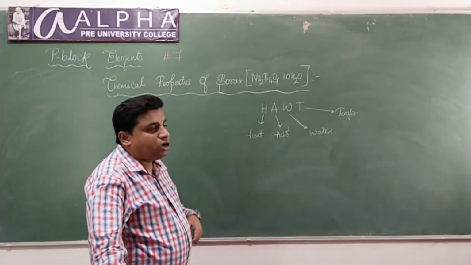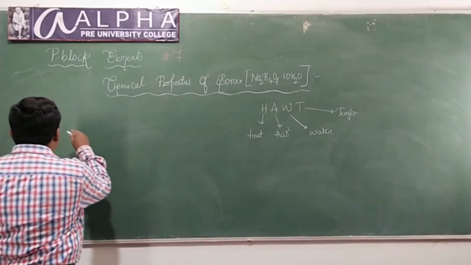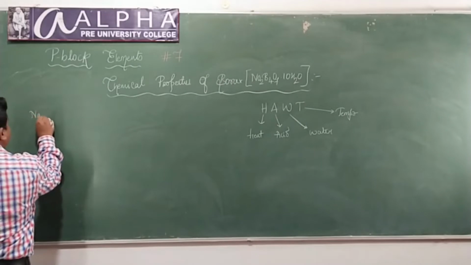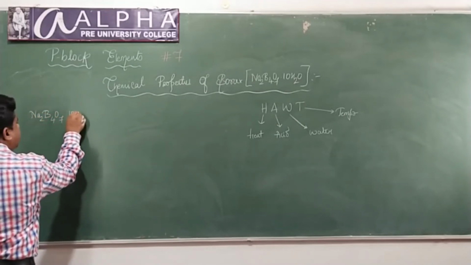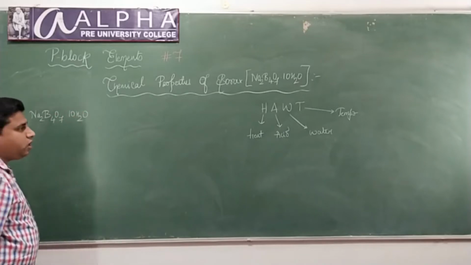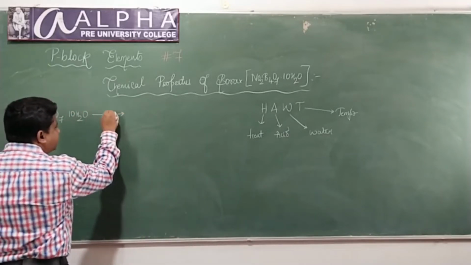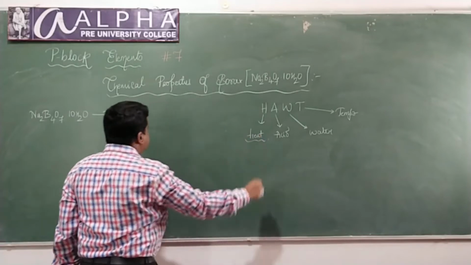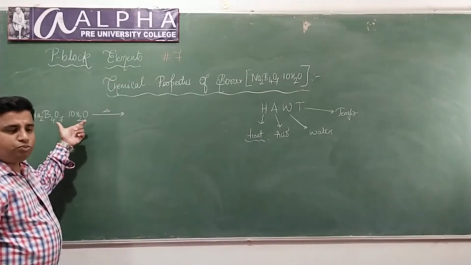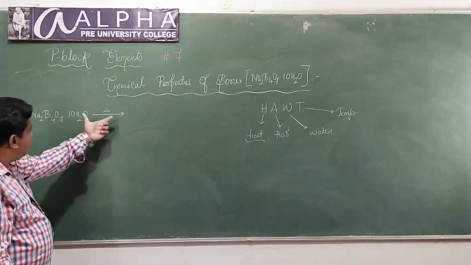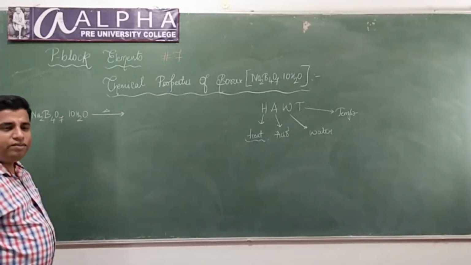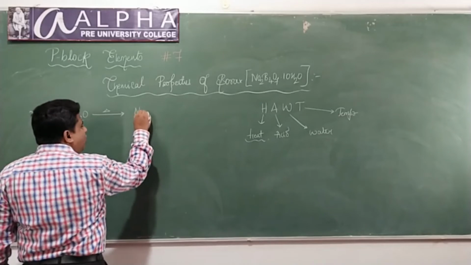Now let us take borax. What is it? Na2B4O7.10H2O. Now let us heat this borax. The first word. When I heat this borax, all the water molecules will evaporate. That means I'll be getting what?